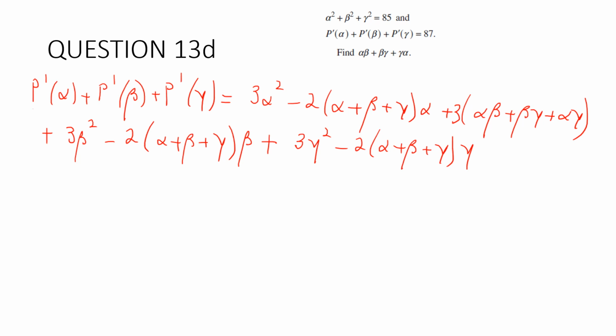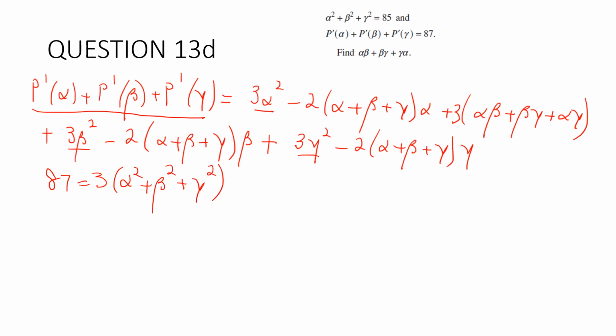Now we're told that this first bit here is equal to 87. That's going to be equal to, let's factorize this all together. So 3 lots of alpha squared plus beta squared plus gamma squared. I'm going to put that guy to the end, and then I've got this and this and this together. So -2 lots of, and let's expand that part out there.